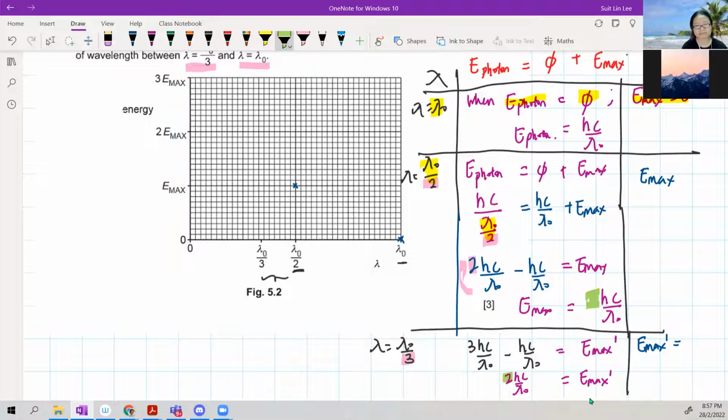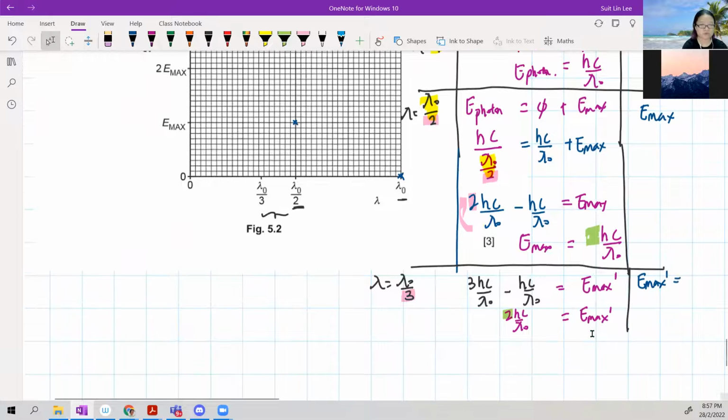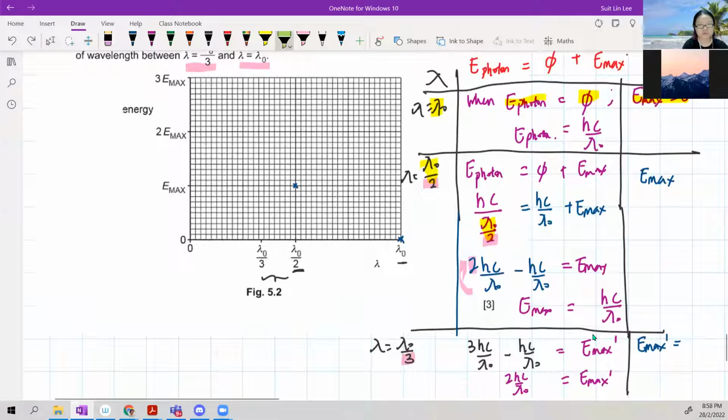Or maybe I'll substitute for you: this hc over lambda naught can be substituted here. So the new Emax will be 2 Emax. So when it's lambda naught over 3, you are dealing with 2 Emax. This lambda naught over 3 is neither here nor there, but it's this one.